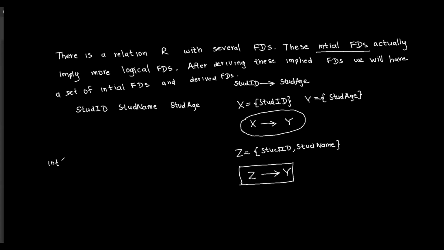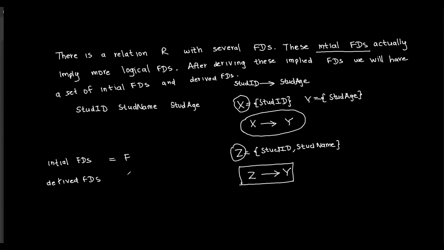Initial FDs have the notation F. Derived FDs don't actually have a notation, just keep in mind that they are also a set that can be inside a set. That is a different set, okay? I'm not talking about the attributes. I'm talking about the FD set. We can put FDs into sets, right?